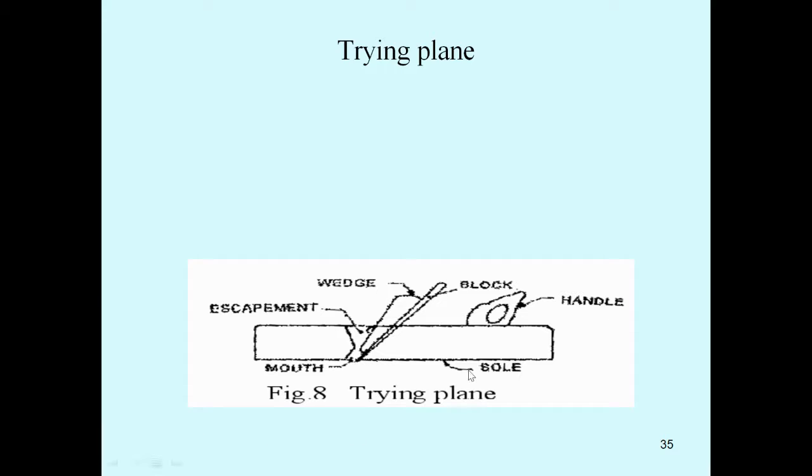You can see the sole, mouth, and escapement. Why is this called the escapement? From this space, the excess material will escape. And this will be the wedge, and there will be a block. And this is a handle.